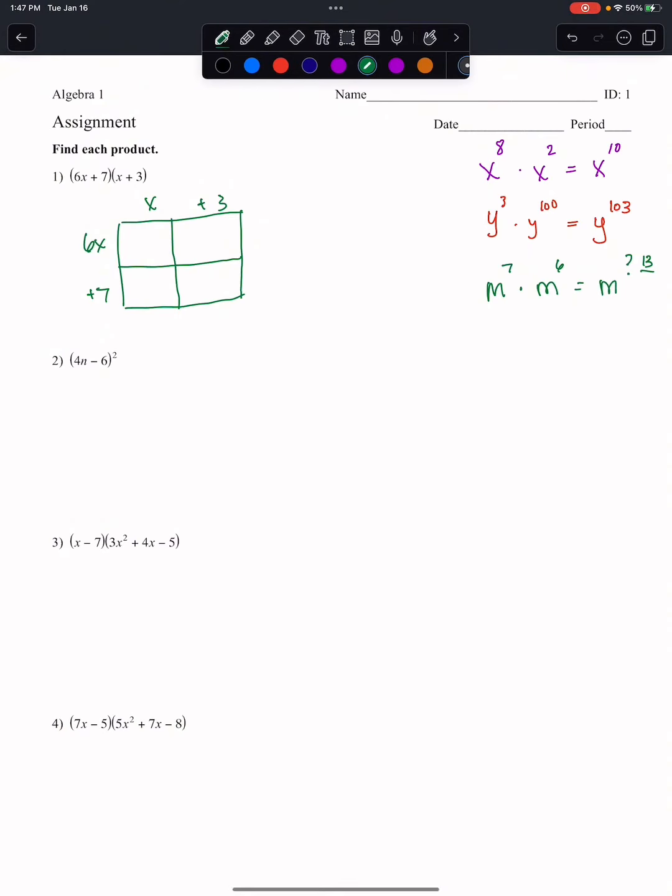Well, because x to the 1 times x to the 1 is x squared. And then I got 6 times 1 is 6. That's how that x squared gets there, because you add the exponents. And now this is 6 times 3, that's 18. But there's no other x's, so that x just kind of comes for the ride. 7 times 1x is just 7x. And then 7 times 3 is 21.